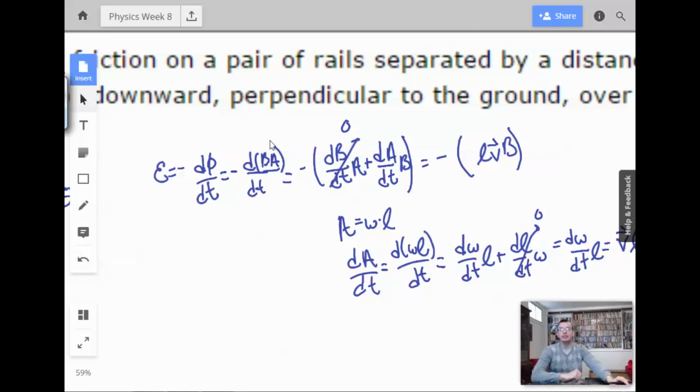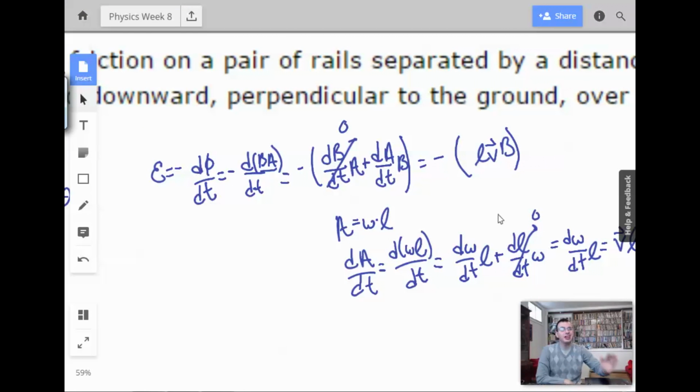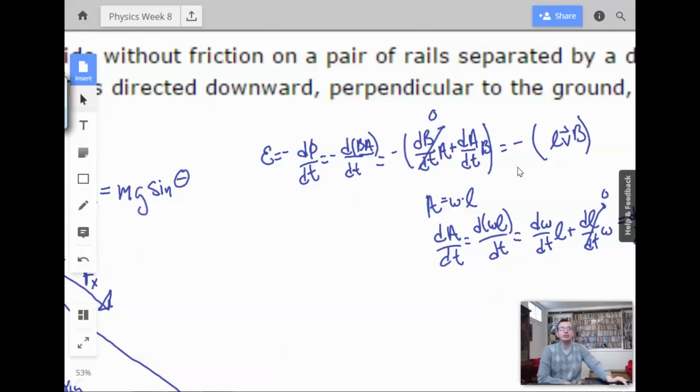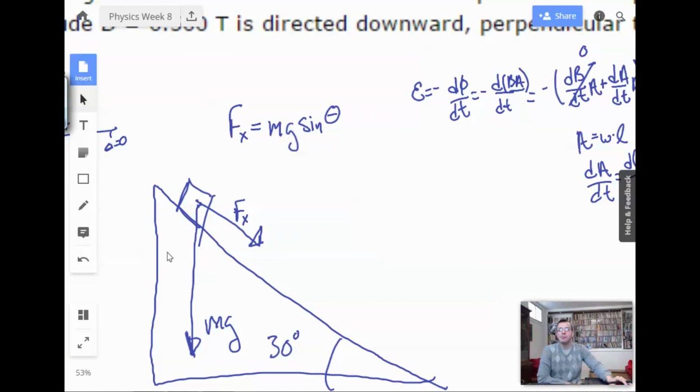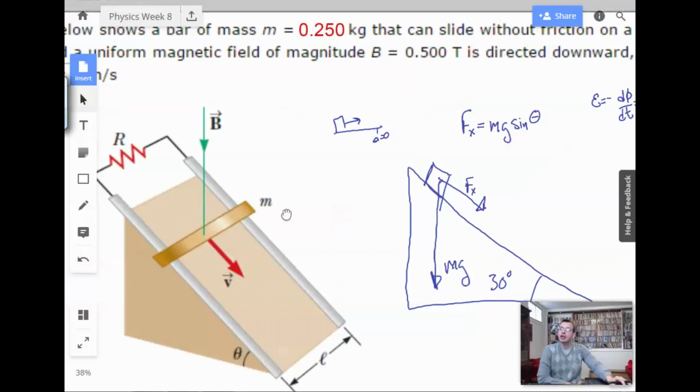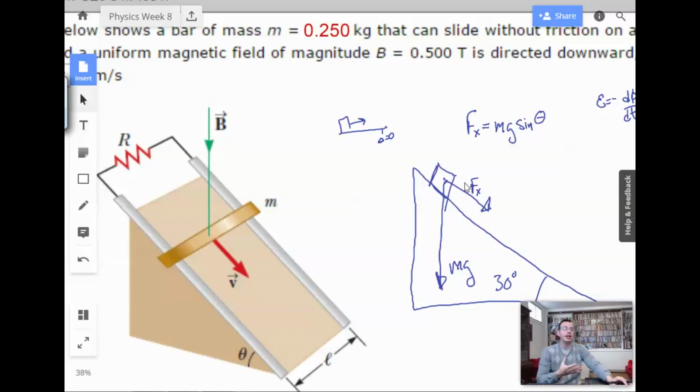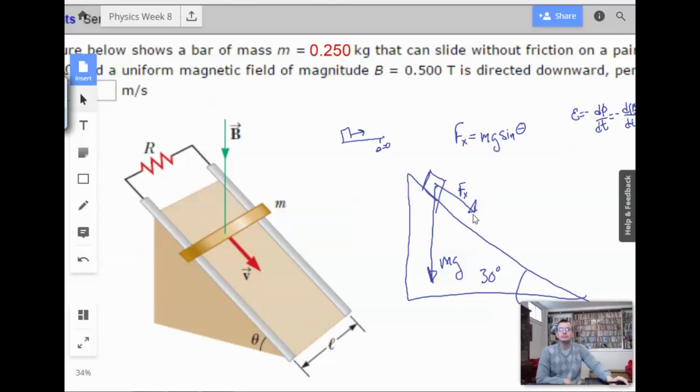I love velvet, I love bunnies, everybody loves velvet bunnies. ELVB. If you're confident in life, you can skip straight to that step. If you're not, that's okay. I'm not, so I always write it out. So that's going to be the induced current, or induced voltage, electromotive force, as it's sliding down. That seems reasonable.